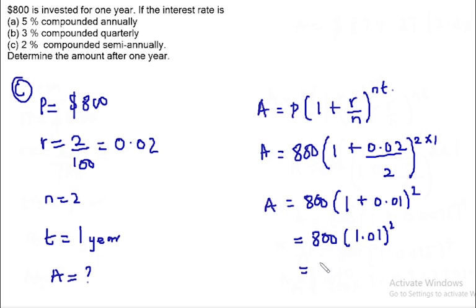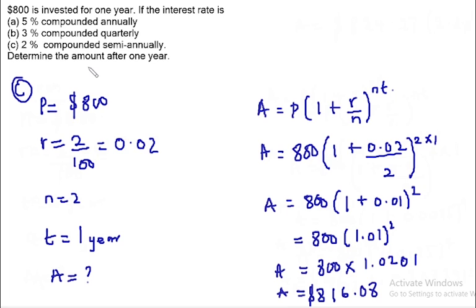This is equal to 800 times 1.01 to the power of 2, which is 1.0201. So the amount A is equal to $816.08. So that's the amount that you get when you compound 2% semi-annually.